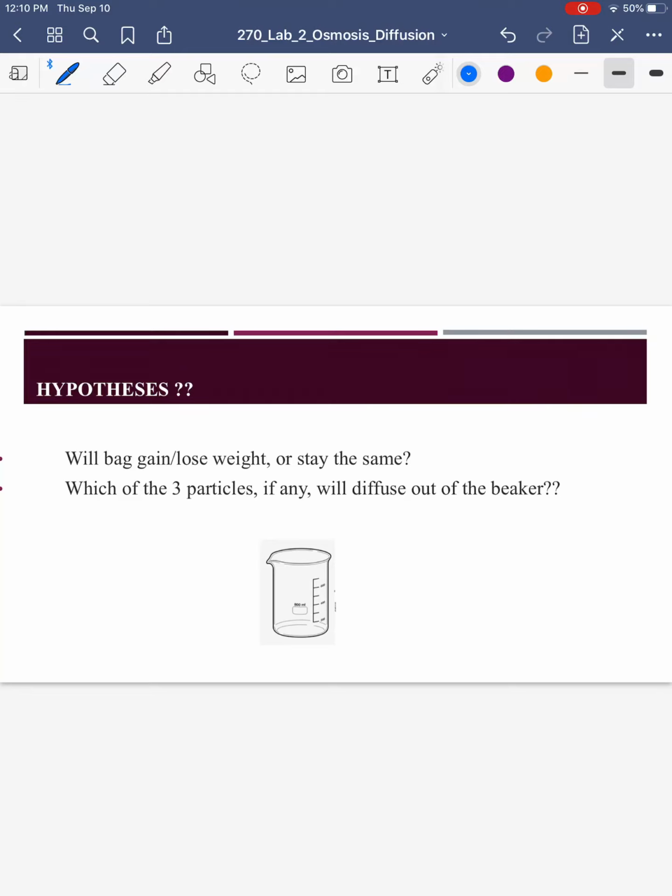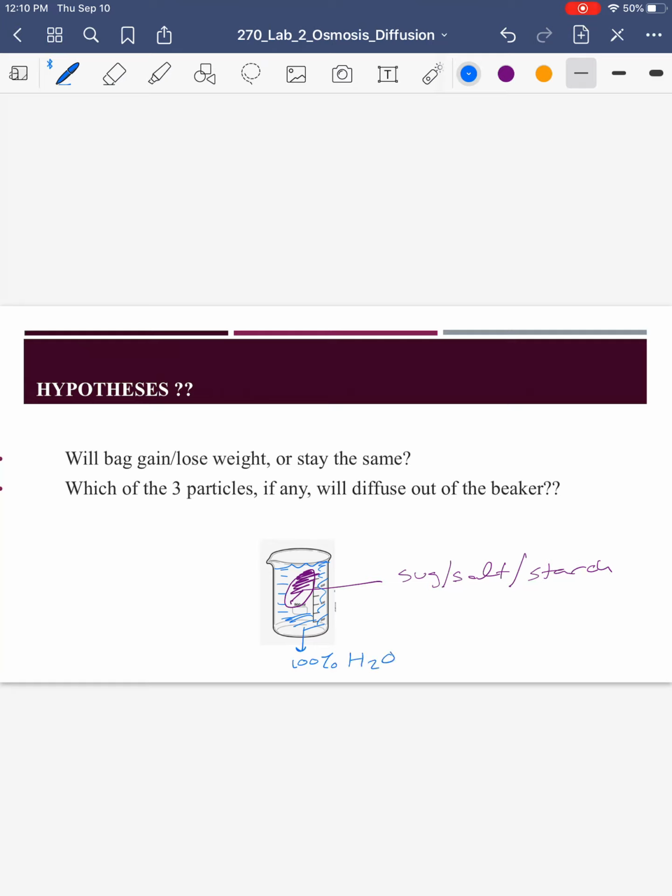Okay, so here are the hypothesis questions for you. And again, all you have to do is lay it out. We have a dialysis tubing bag on the inside, and it has a combined solution of sugar, salt, starch, and of course, on the outside of it is water.